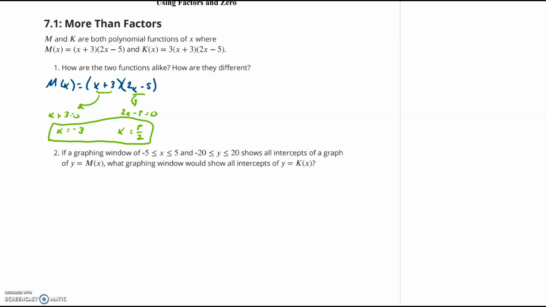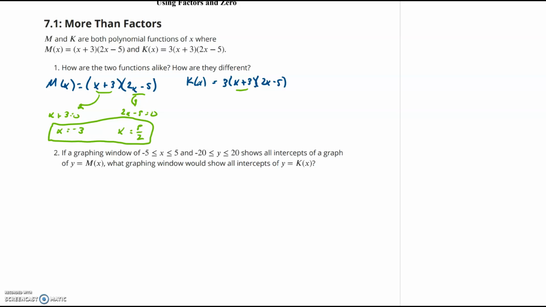Now if I look at my second function, k of x, I notice that it is 3 times the quantity x plus 3 times the quantity 2x minus 5.